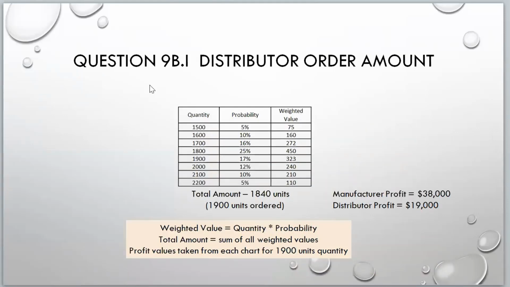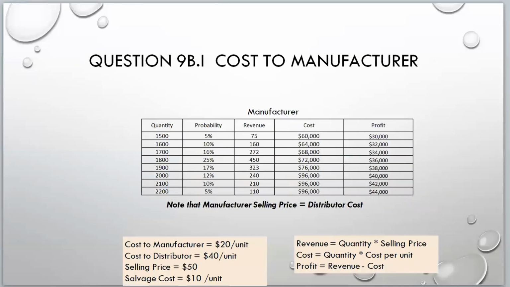Okay, so maybe I did go through. So in 9B1, this shows you how I calculated the weighted value. I just went over it. So in this example, the manufacturer profit is 38,000, which came from here, 1,900.